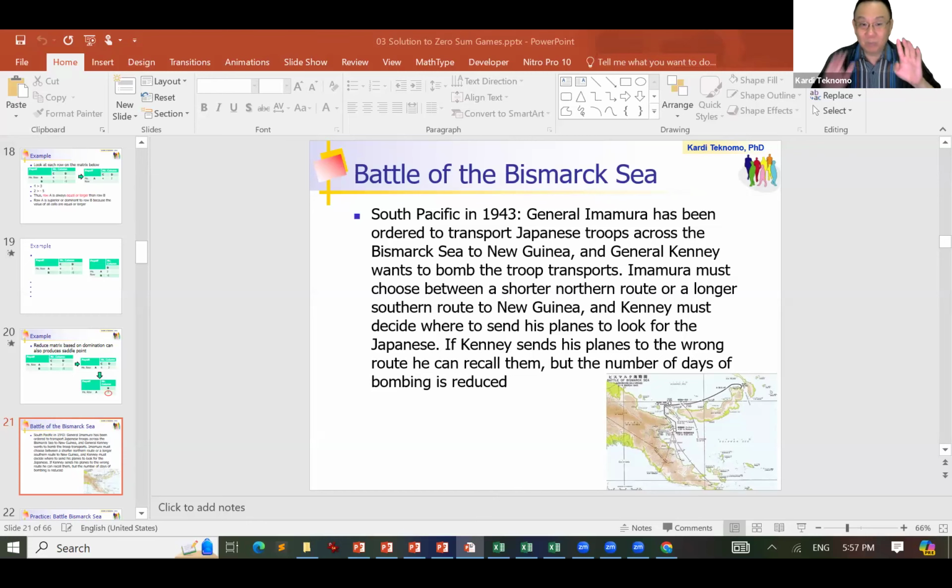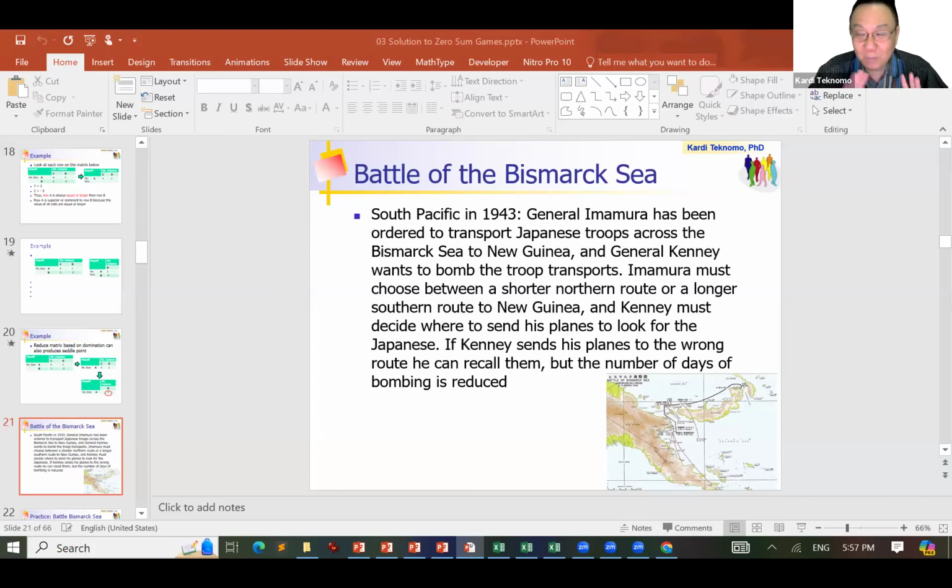But Imamura must choose between two routes, north or south. North is shorter and south is longer. General Kenney must decide where to send his planes to look for the Japanese.